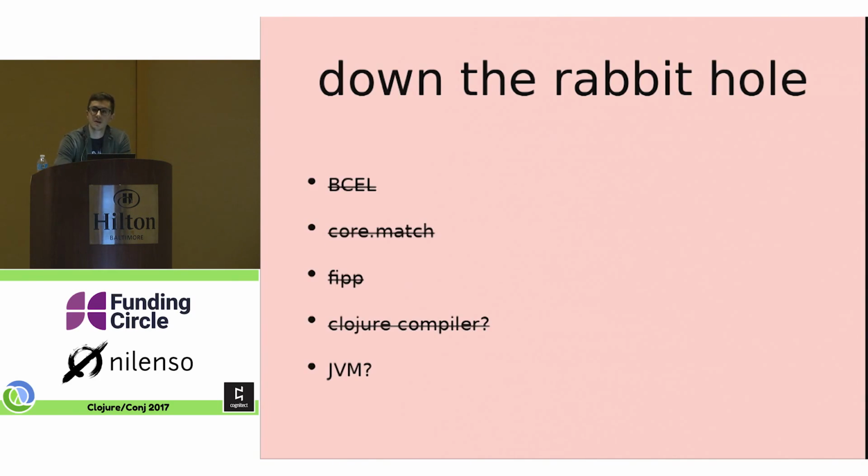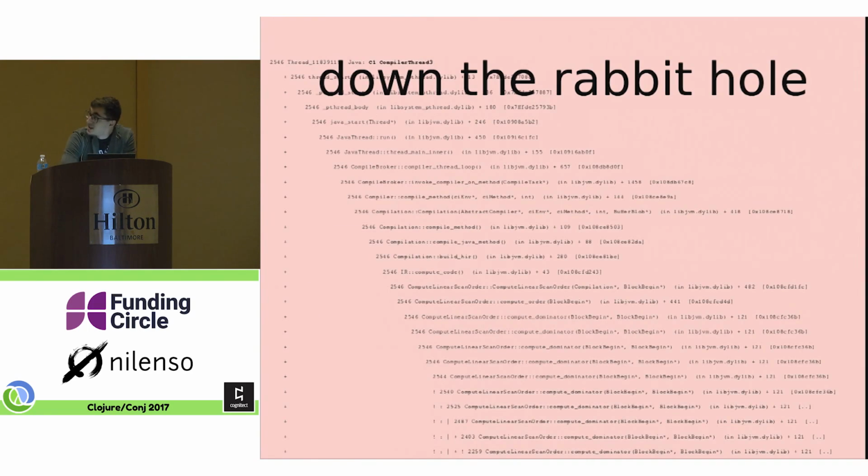And so I thought, well, maybe it's the JVM itself that's causing this. And so I took thread dumps of the JVM processes. And yeah, it was the C1 HotSpot compiler that got stuck in a busy loop.